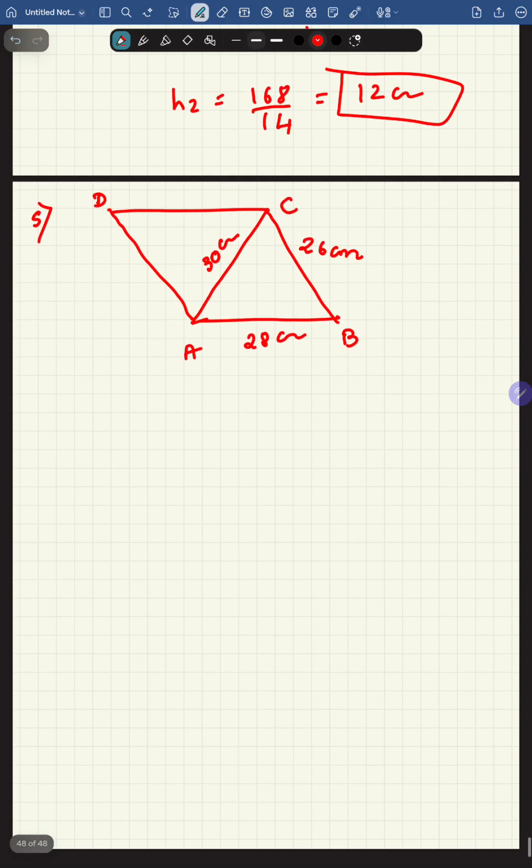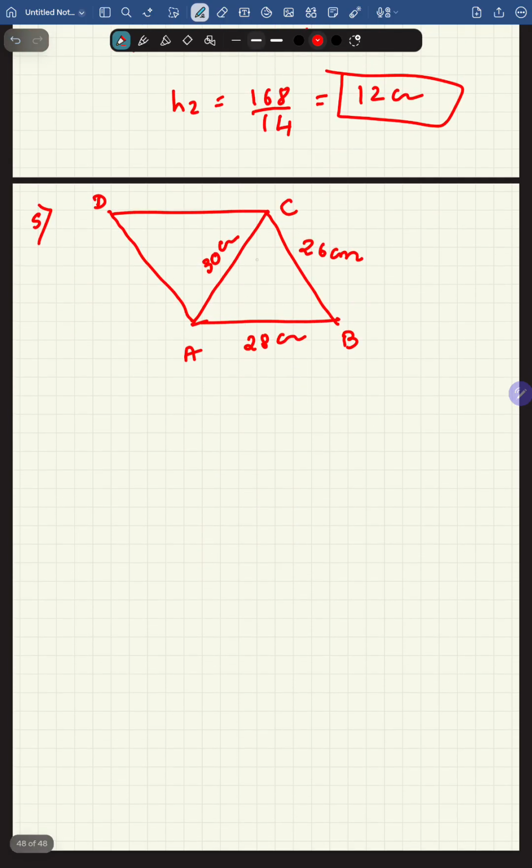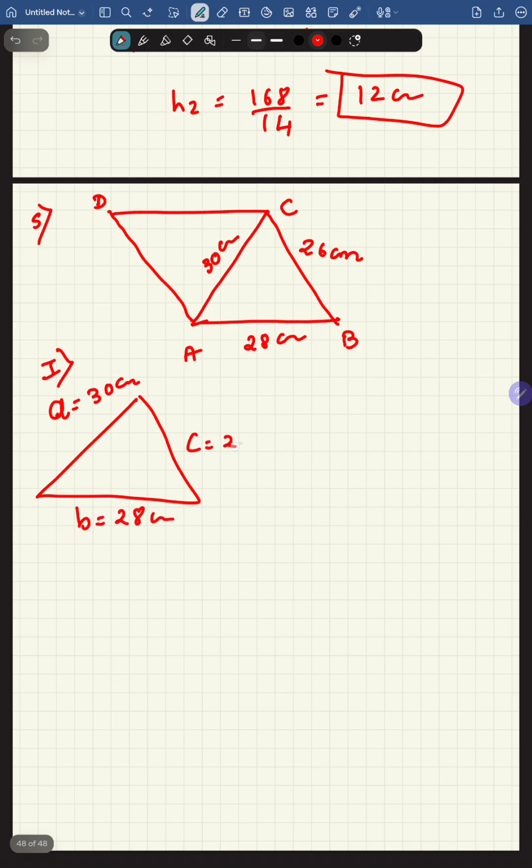When three sides are given, let us focus on the area of a triangle. So my a is 30 centimeter, my b is 28 centimeter, and my c is, say for example, 26 centimeter. The first step is to find the semi perimeter. S is called the semi perimeter, which is a plus b plus c upon 2.